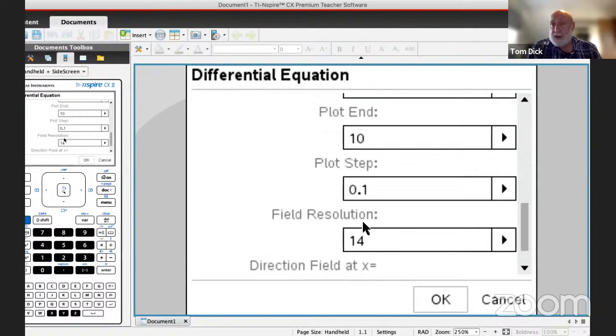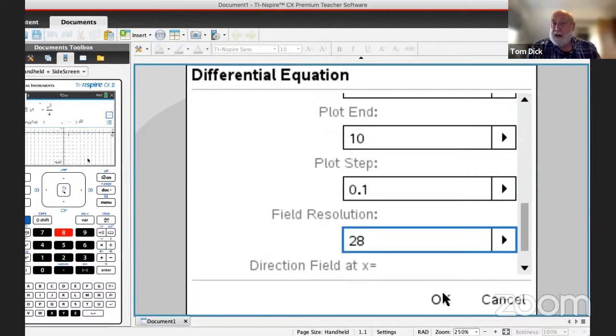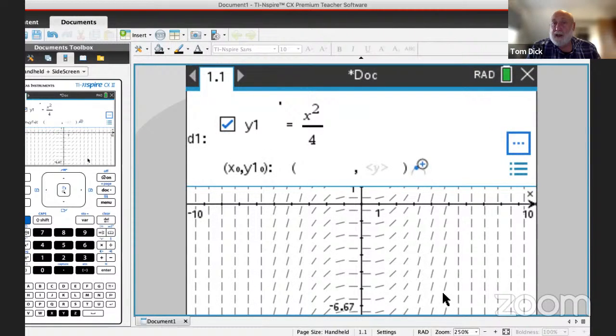The field resolution controls how many line segments, or how fine a lattice of points, is plotted for your slope field. I find 14 is a little bit coarse, a little bit rough, so what I tend to do is double that. Instead of 14, I'm going to put in 28, and then I'll say OK.